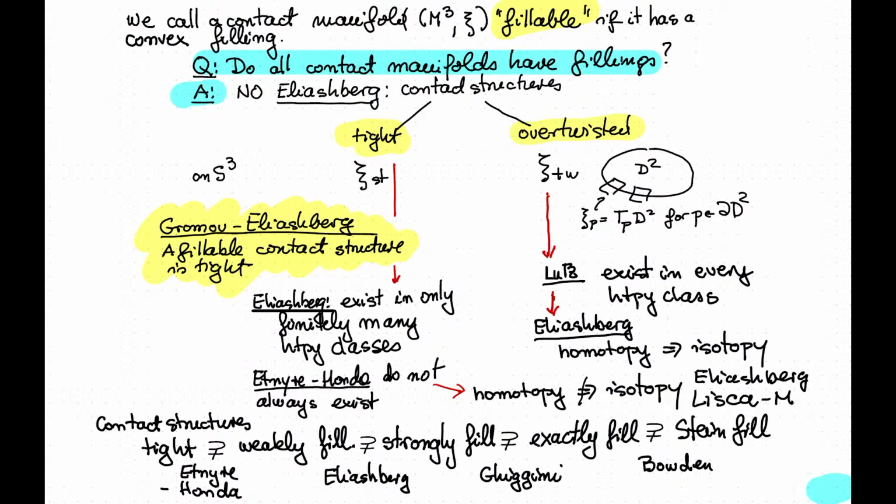Etnyre and Honda found tight contact structures that are not weakly fillable. Eliashberg had those non-isotopic contact structures, giving examples of weakly fillable that are not strongly fillable. Ghiggini had examples of strongly fillable, not Stein fillable, and Bowden made a distinction between exactly fillable and Stein fillable.